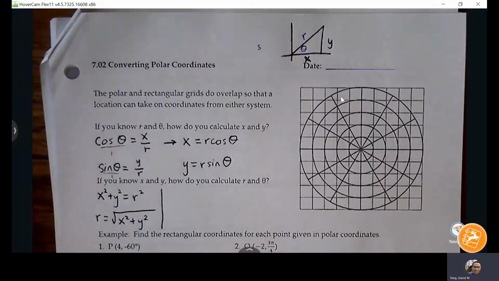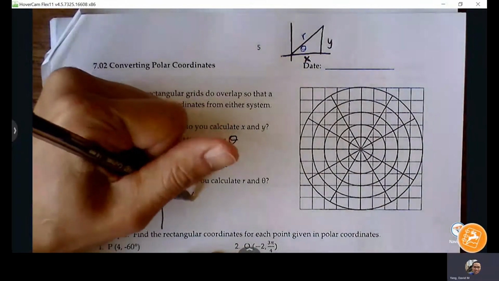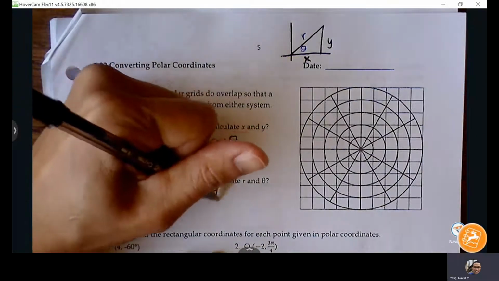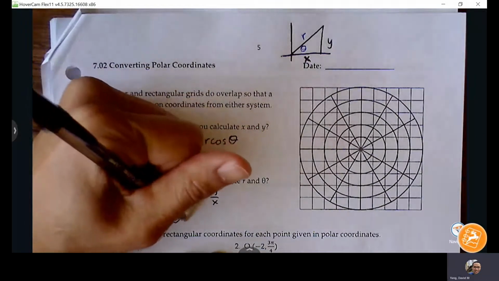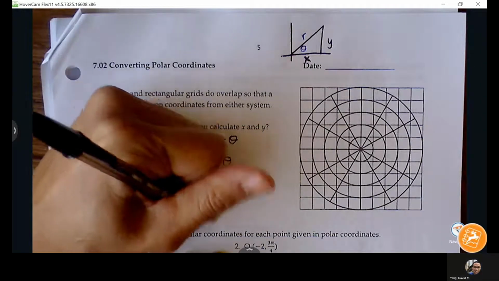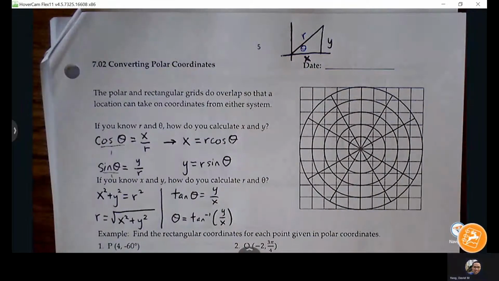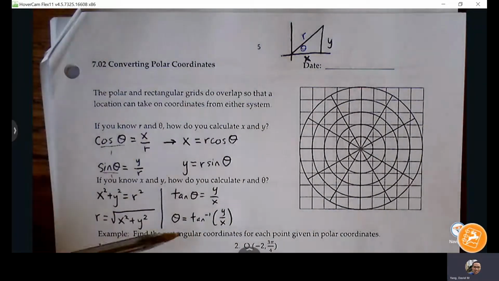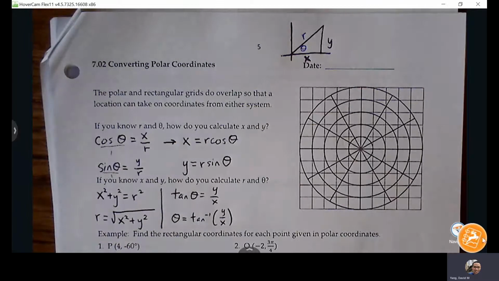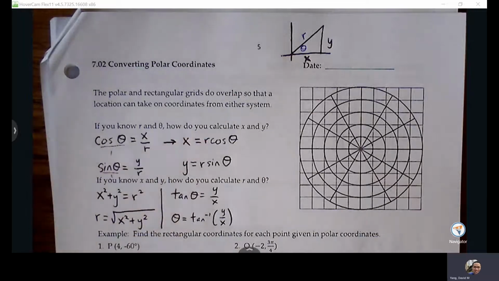And we have a trig function that connects theta with x and y, and that is tangent, right? Since tangent of theta is equal to y over x, theta will be the inverse tangent of y over x. All right, so we're just now seeing it from a polar and rectangular perspective, but we've been using this ever since last unit.